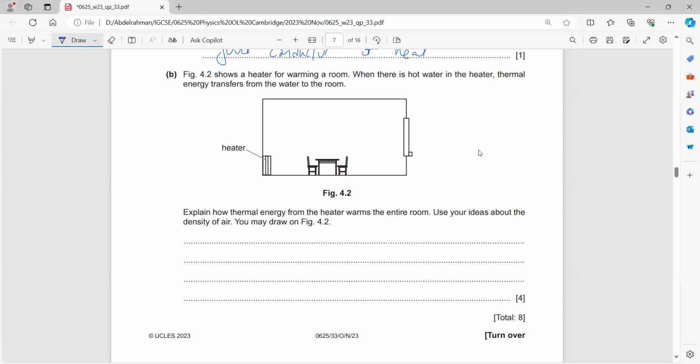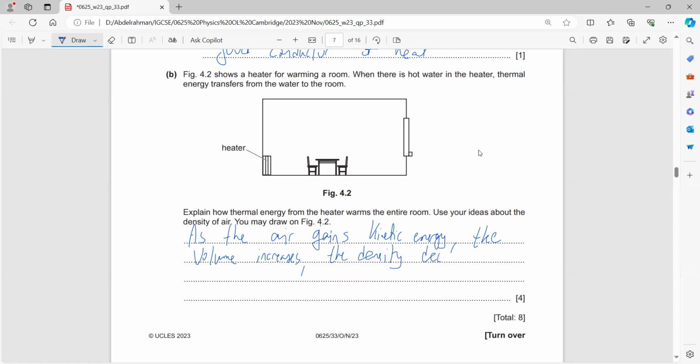As the air gains kinetic energy, the volume increases. But when the volume increases, the density decreases.